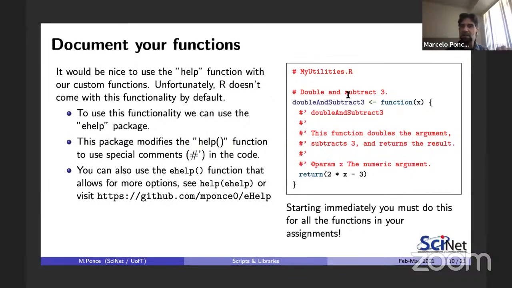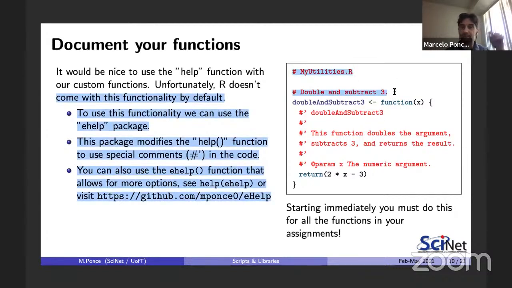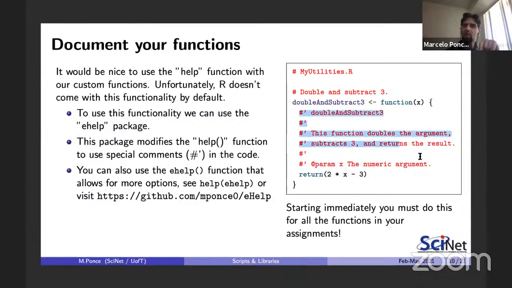So for instance, let's take my utility files, and I'm going to start to populate the definition of the double and subtract 3 function. Originally, it just has the title, but now I'm including all these other comments. So the function definition remains as it is. Nothing has changed there. But now I'm putting the number symbol, single quotation mark, the name of the function, and then describing what the function does.